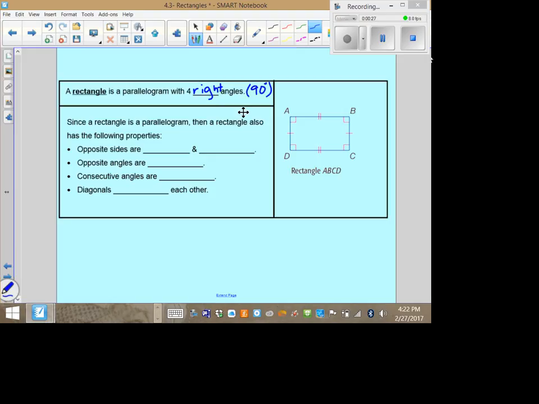And so since a rectangle is a parallelogram, a rectangle also has the following properties. Opposite sides are parallel and congruent, and those come from being a parallelogram, as well as opposite angles are congruent.